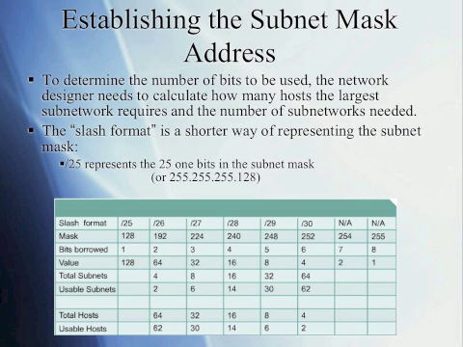So to get the subnet mask for this network, or for all of these subnetworks that I'm going to be creating, I count these bits on this last octet. So my subnet mask is going to be 255.255.255, 128 plus 64 plus 32.